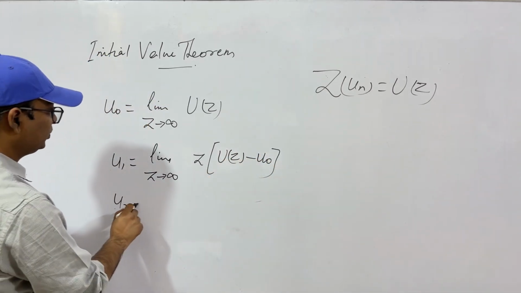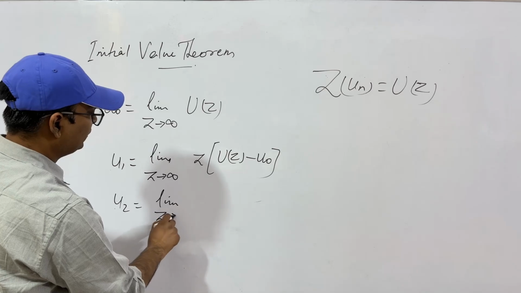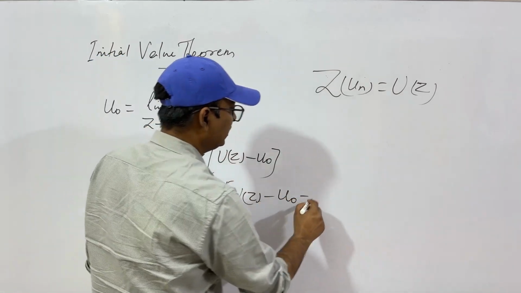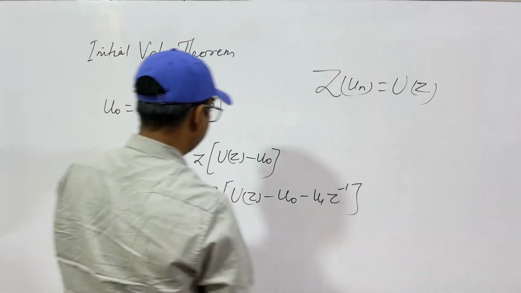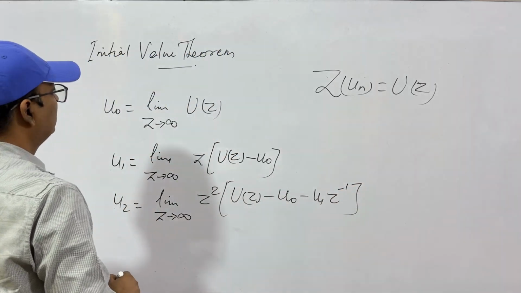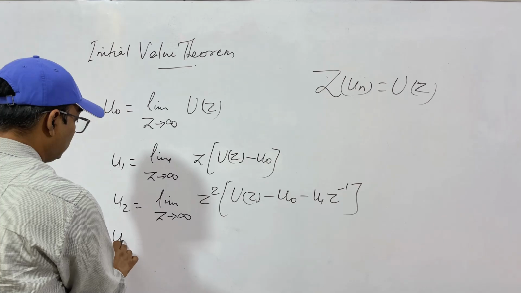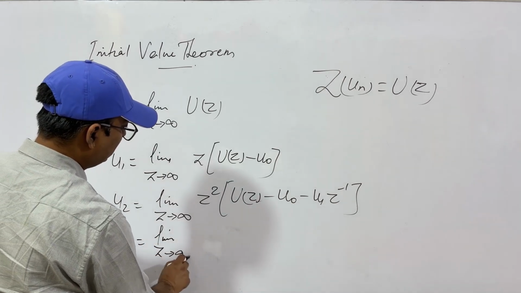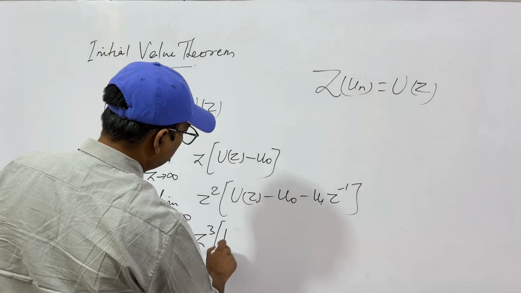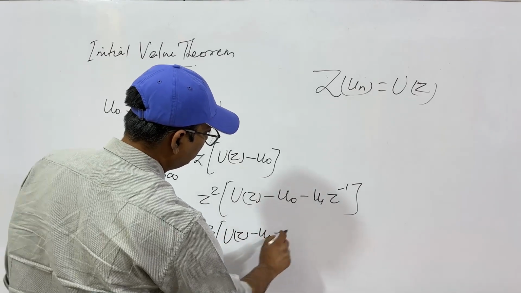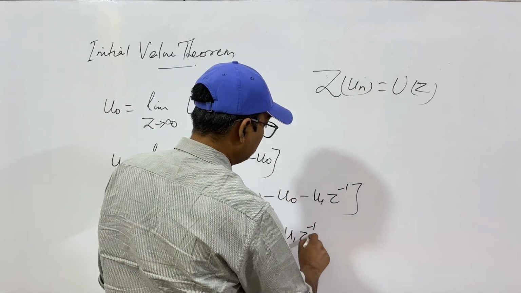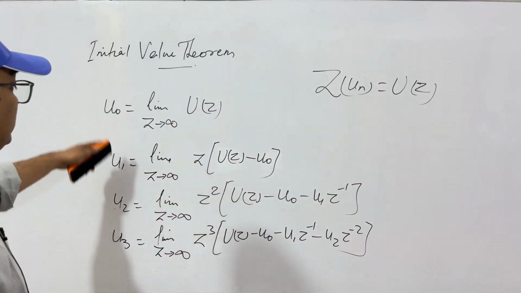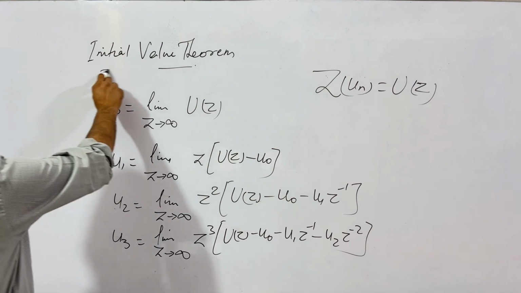Similarly, if you want to take u2, it is limit z tending to infinity of z square U(z) minus u0 minus u1 z to the power minus 1. Then u3 will be limit z tending to infinity of z cube U(z) minus u0 minus u1 z inverse minus u2 z to the power minus 2. So this way you find u0, u1, u2, u3. This is called initial value theorem.